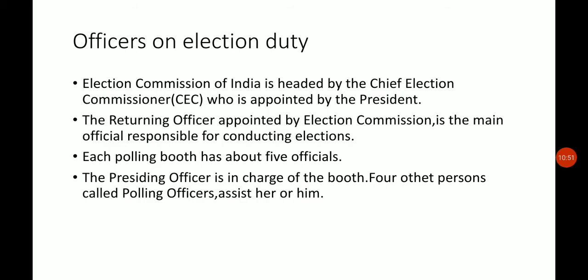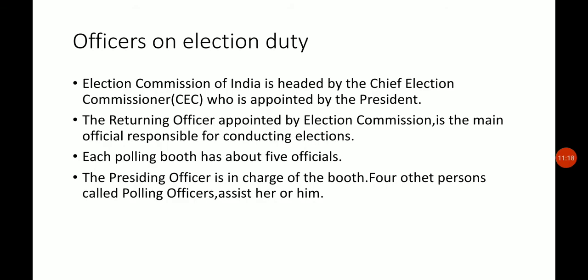In every polling booth, where the voters go to cast their vote, there will be 5 officers. The 5 officers are under a single head, the presiding officer, who is in charge of the booth.